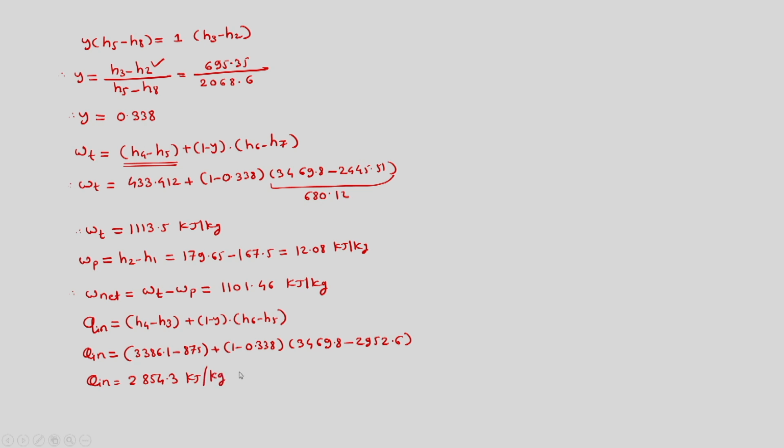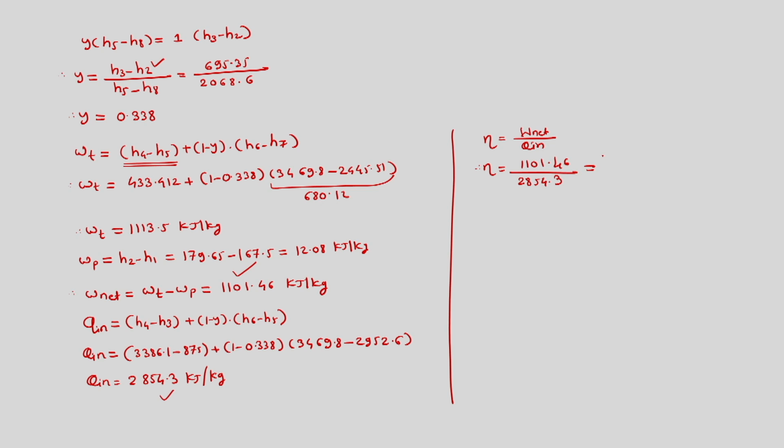And then we can find the efficiency, which is equal to W net upon Q in. W net we have found to be 1101.46, and Q in we found to be 2854.3.